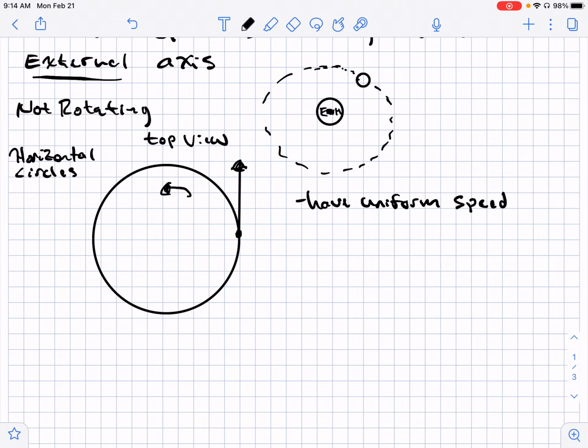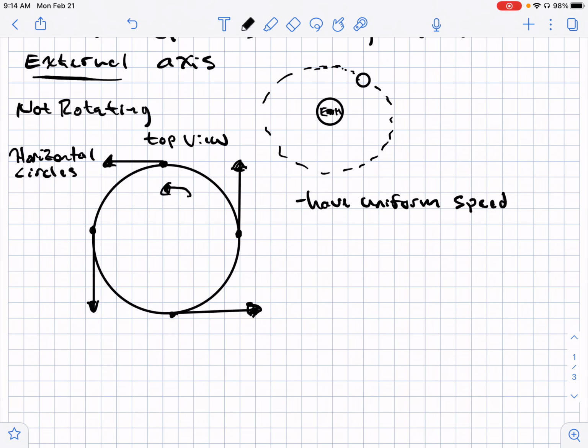Same thing right here. Let's say it snaps up here at the top of the circle. It's going to fly off this way in a straight line. And if it snaps right here, it's going to fly off, and right here, it's going to fly off this way.